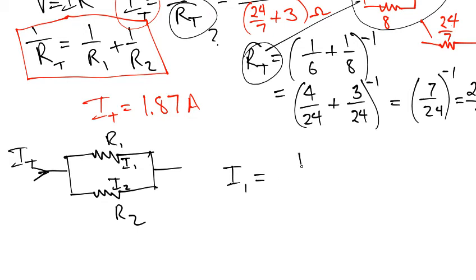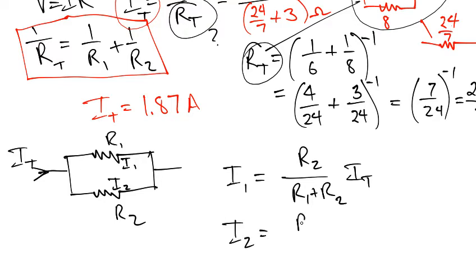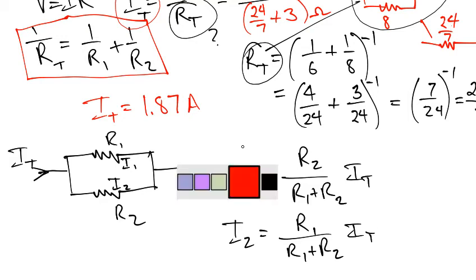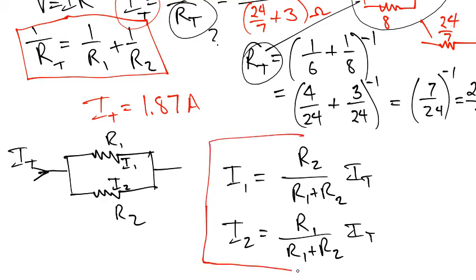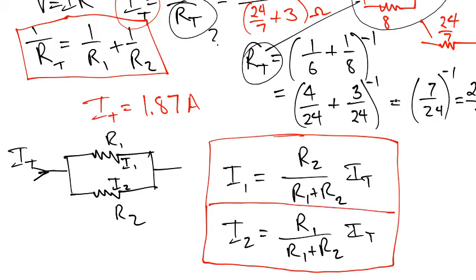I1 is equal to R2 all over R1 plus R2 multiplied by the total current. I2 is equal to R1 divided by the sum of the two, again multiplied by the total current. These equations are defined as current division.